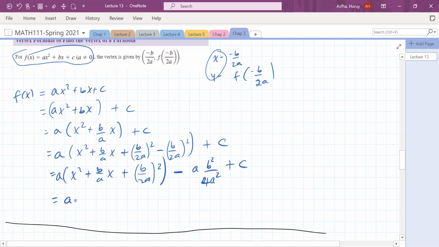And what is this? Well, this is x plus half of this, so I put that one here, squared, minus, how about this one?